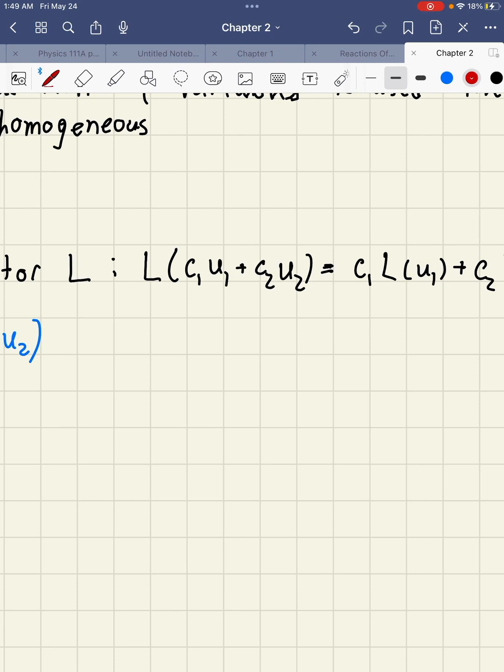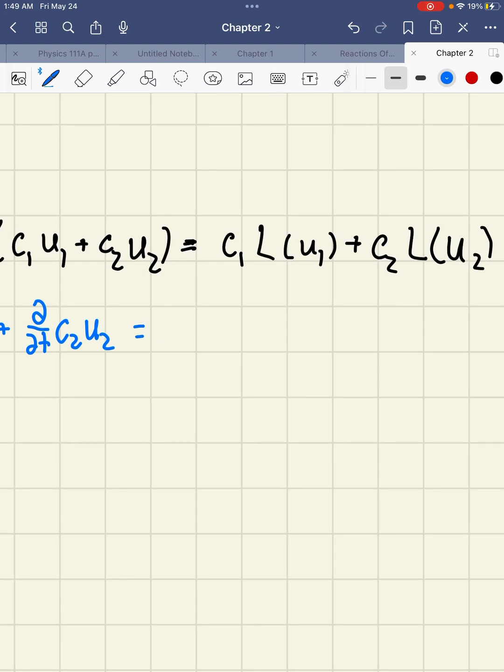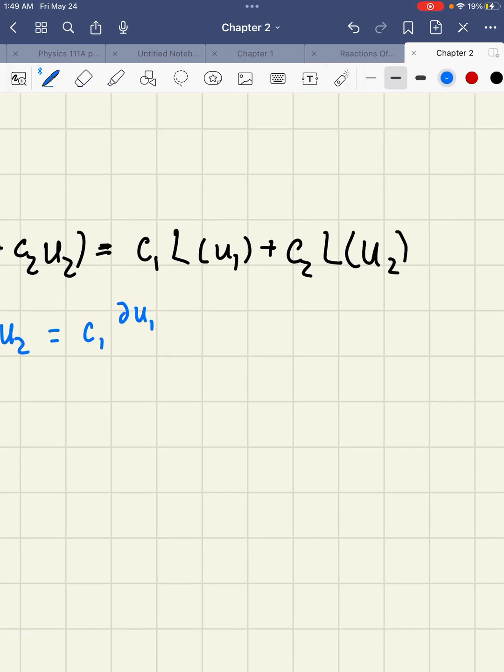If I expand this using the knowledge about derivatives, I get the partial derivative of C1 U1 plus the partial derivative of C2 U2. Since the C's are constants, I can take them out in front, so it's C1 times partial U1 over partial t plus C2 times partial U2 over partial t.